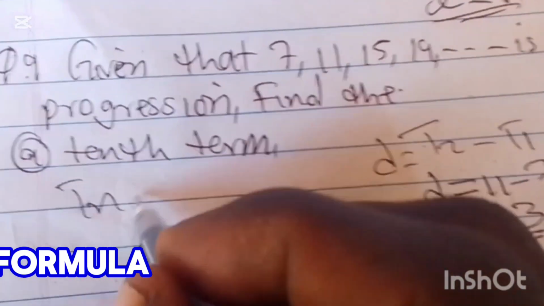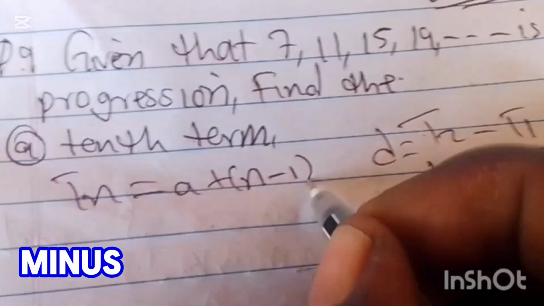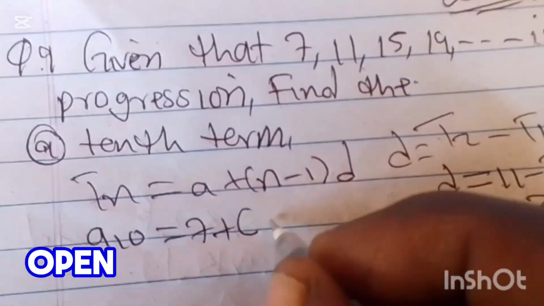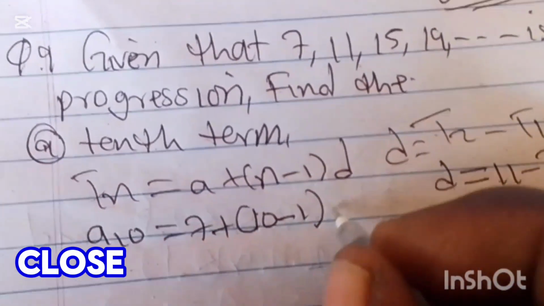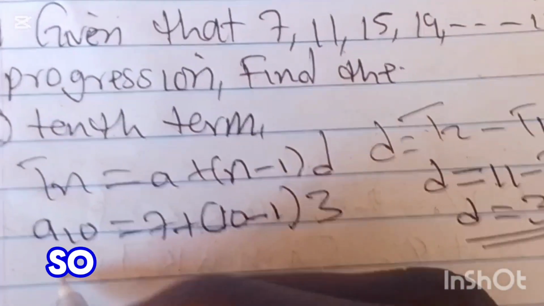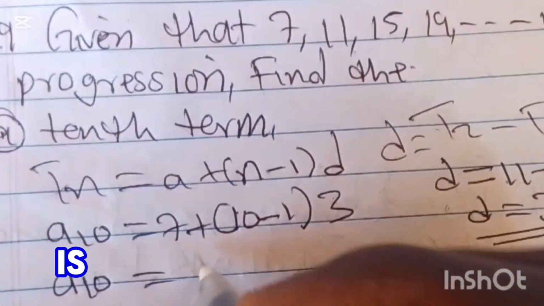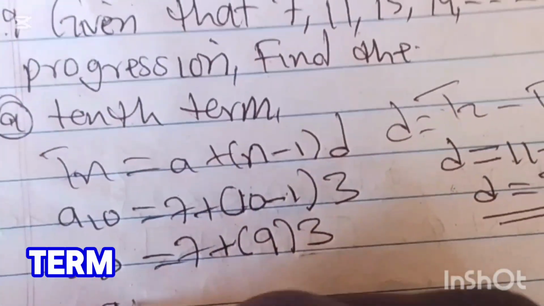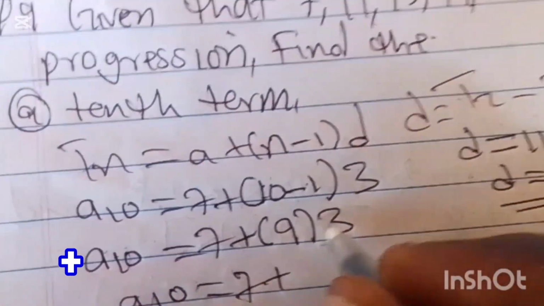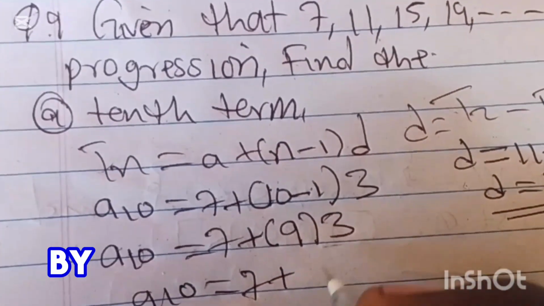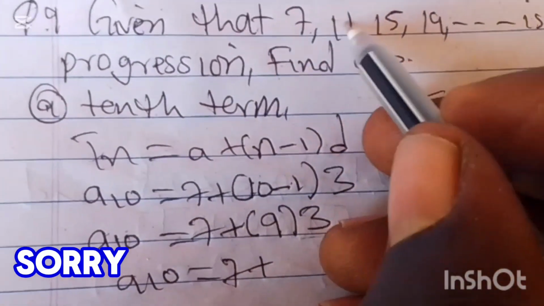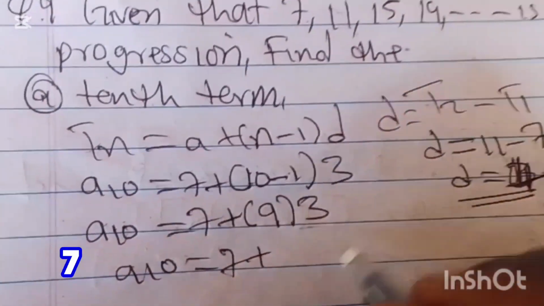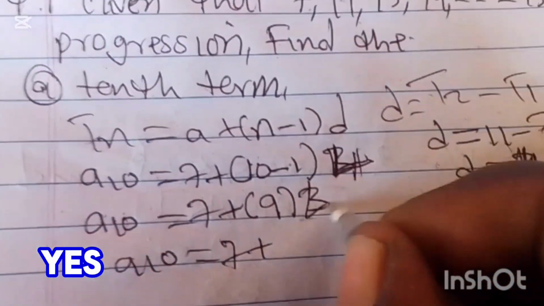So let's write the formula: a plus open bracket n minus 1 close bracket d. So term number 10 is equal to the first term, 7, plus open bracket 10 minus 1 close bracket, times the common difference. 11 minus 7 is 4, I made a mistake here.